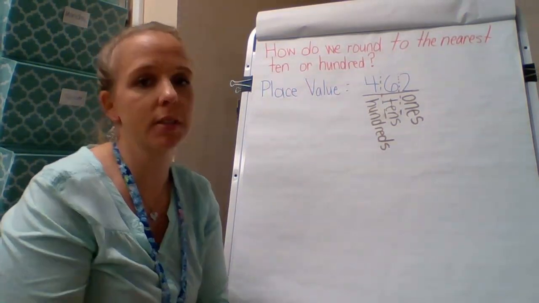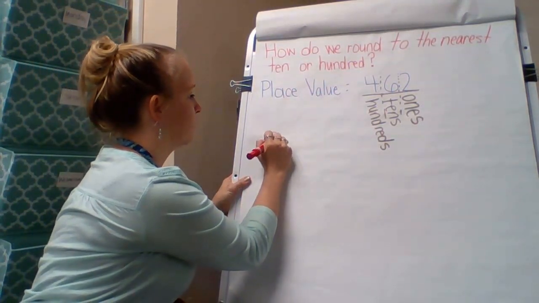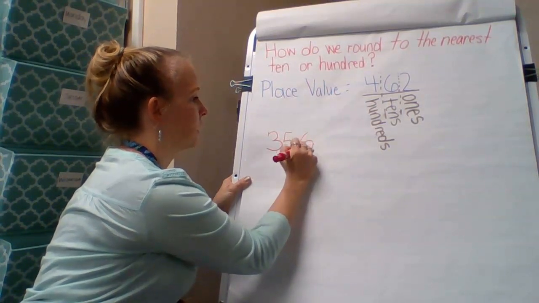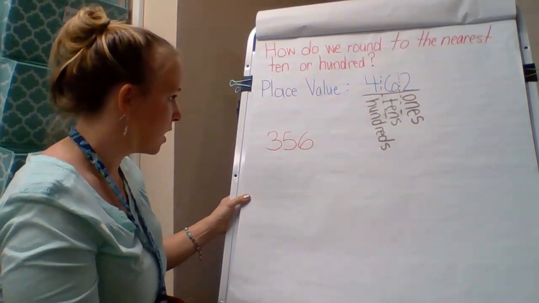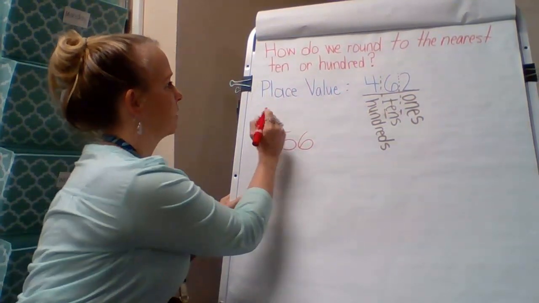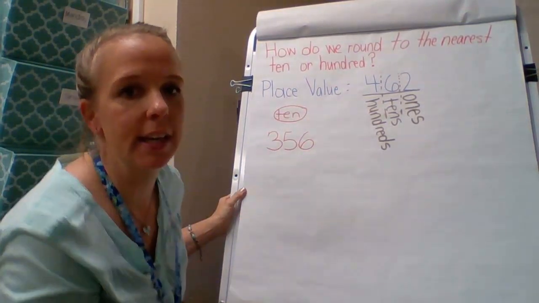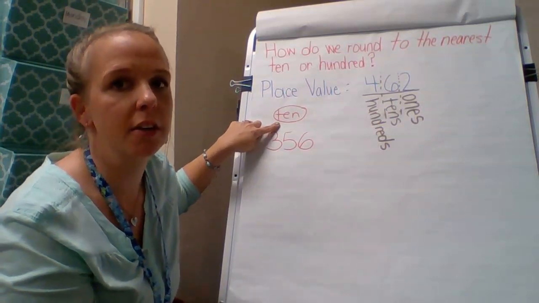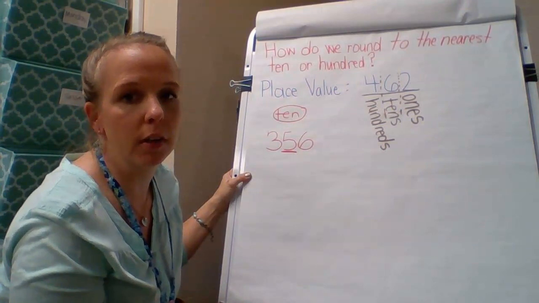Alrighty, let's first round to the nearest 10. I'm going to have 356 as my number, and I want us to round to the nearest 10. The first thing I want you to do if you are rounding to the nearest 10 is underline your tens place.